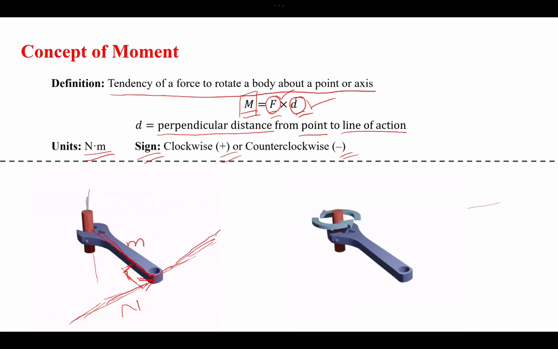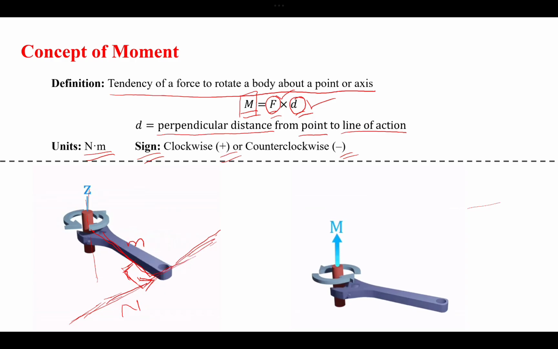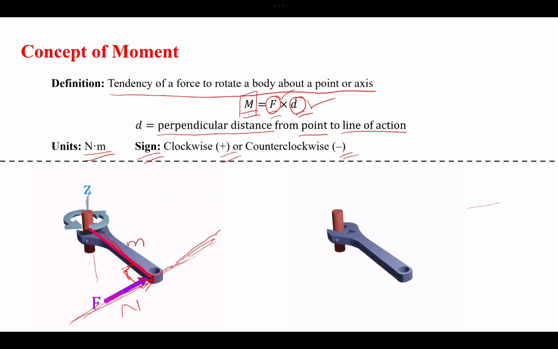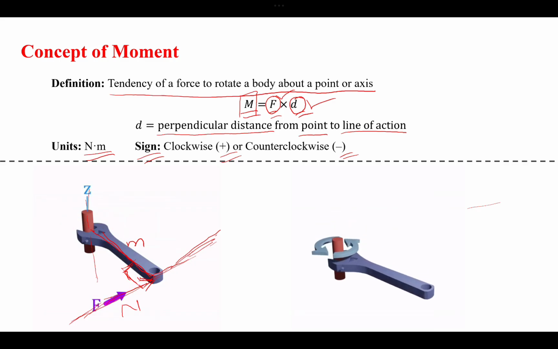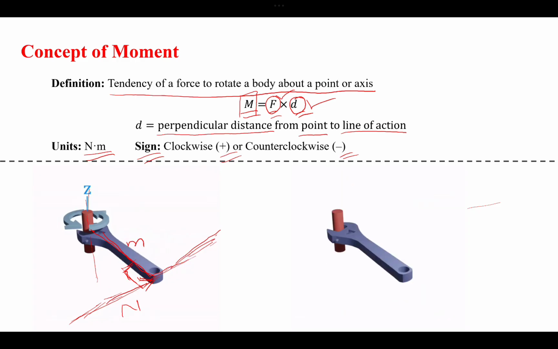We curve our fingers in the direction of rotation, and our thumb will point to the direction of the moment vector. So this is the basic way to calculate the moment and to figure out its direction.